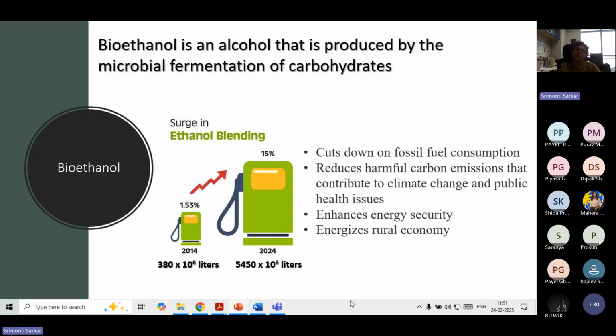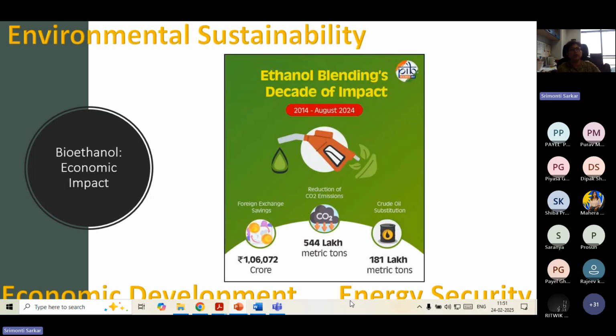On the other hand, in a biofuel based economy, the entire country's rural economy stands to gain. Taking all of this into account, it is a very good reason for us to switch our focus from a fossil fuel driven economy to a biofuel driven economy.